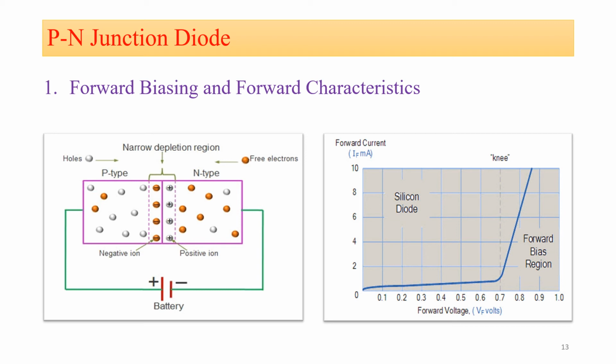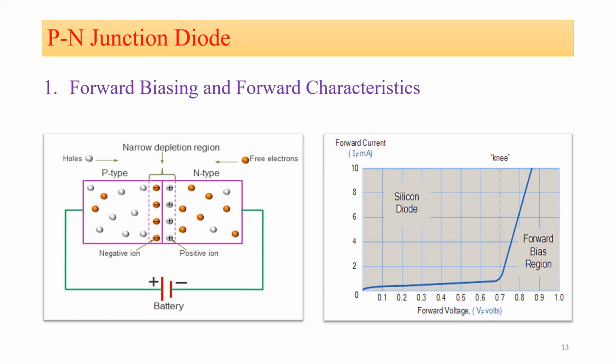With a further increase in the applied voltage, more negatively charged ions from the p side will be attracted towards the positive terminal of the battery, and more positive immobile ions from the n side will be attracted towards the negative terminal of the battery. With a further increase in the applied voltage, the width of the depletion region will go on decreasing. Then at one point, the width of the depletion region will be exactly 0.